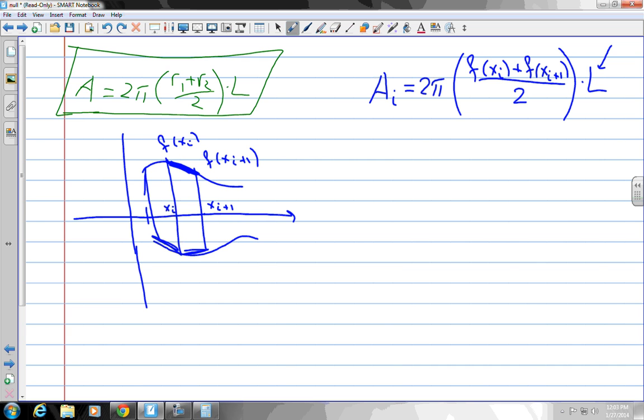Again, what's the plan? We're going to make the partitions very, very small. Now, what do you think the average of the two heights will approach? As we're making those things smaller and smaller, well, not 1. It's just going to be some value of the function, right? Are these two heights going to be much different?